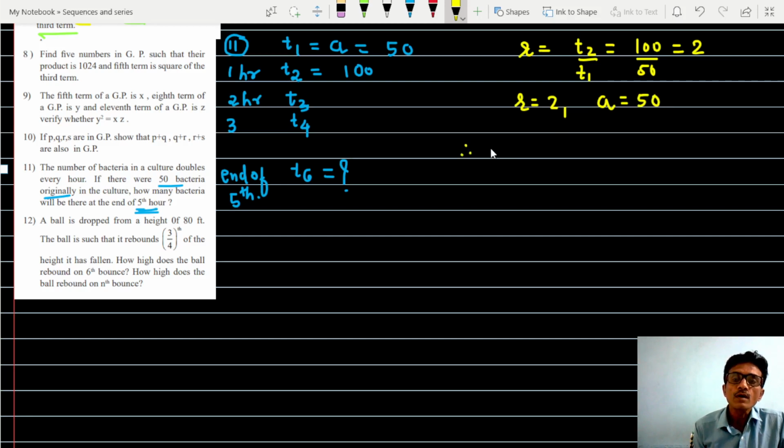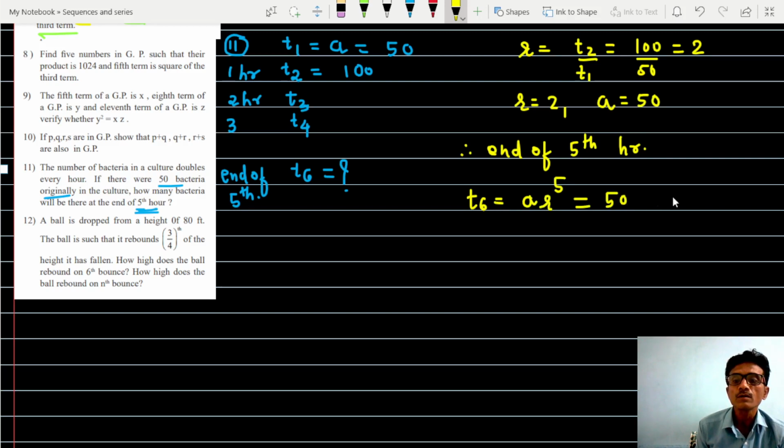Therefore, at the end of fifth hour, that means we want T6. It is AR raised to power 5. What is our A? 50, and R is equal to 2 raised to power 5. So T6 is equal to 50 into 32.